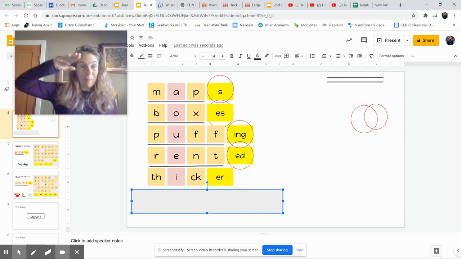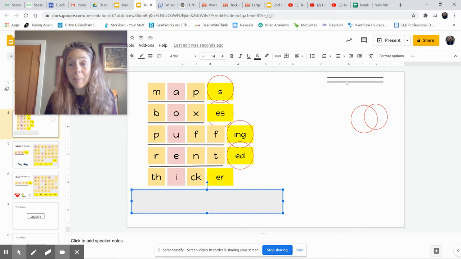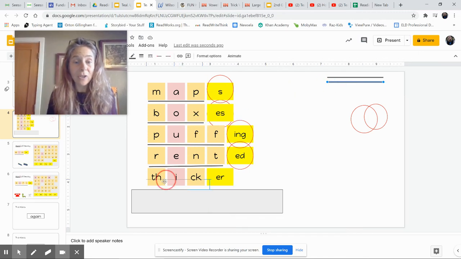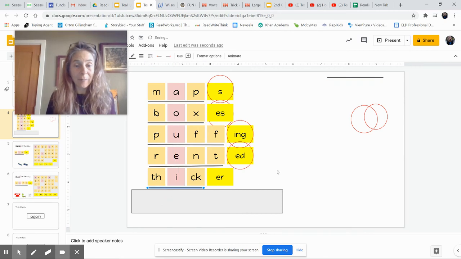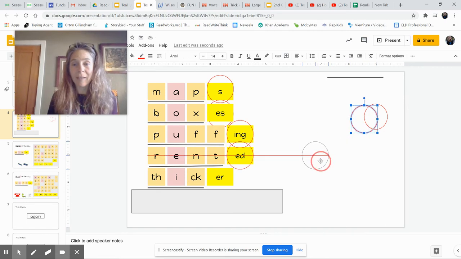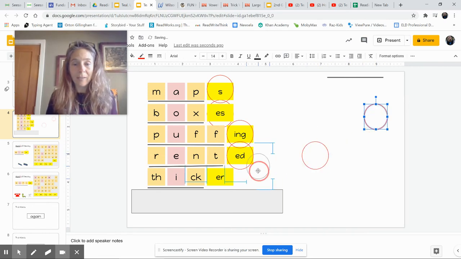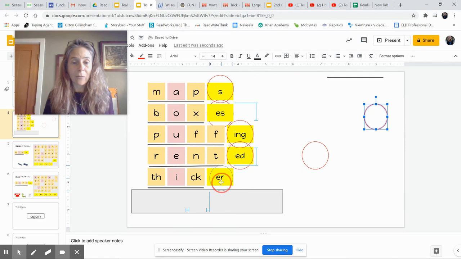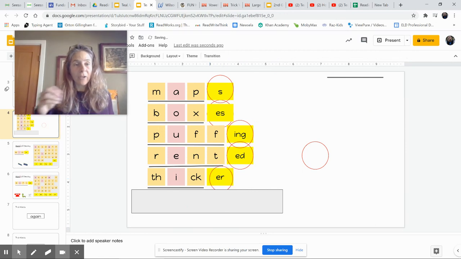Thicker means that it's bigger. So, and it's comparing 2 things. So I'm just comparing 2 things when I use the suffix er. So I'm going to underline my base word, thick, and I'm going to circle my suffix. I'm actually going to use this one, the smaller one. So I've got thick.